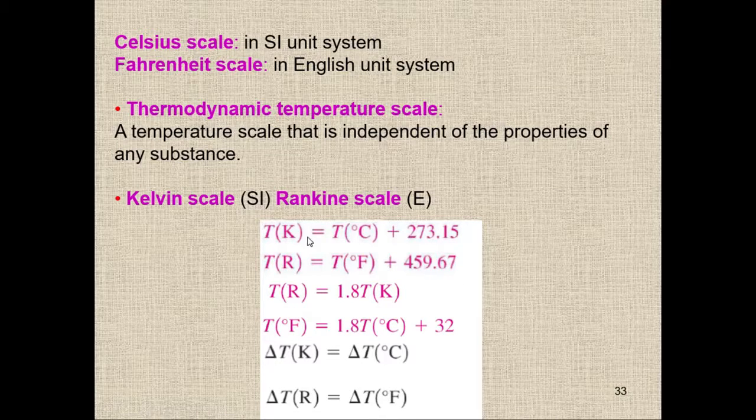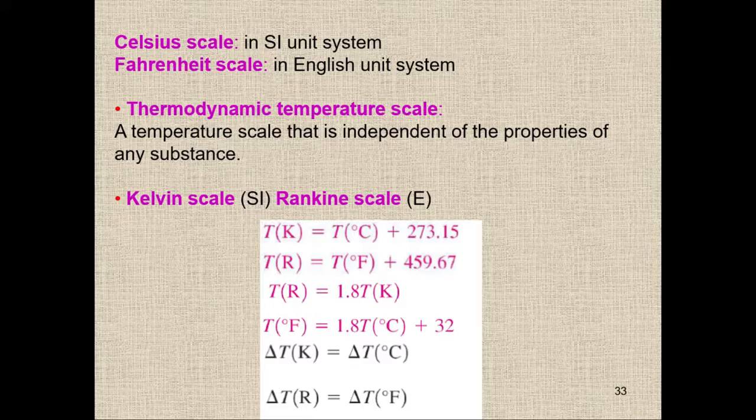So if you have to find the temperature in Kelvin, you add 273.15 to the temperature in Celsius, and if the temperature is given in Fahrenheit, you add 459.67 to get the Rankine temperature.